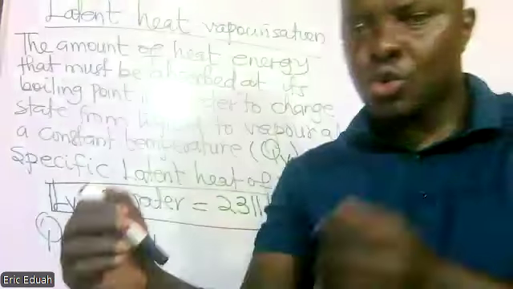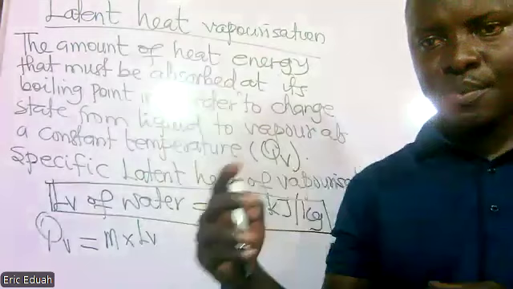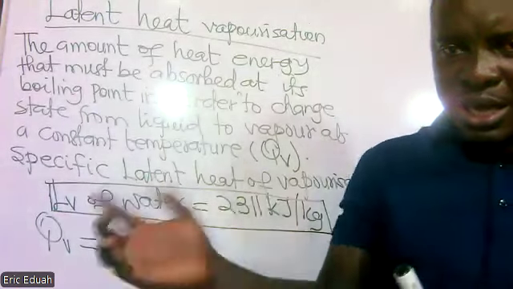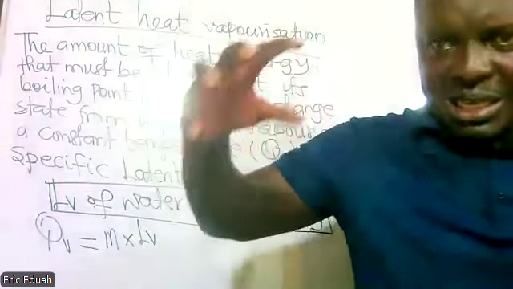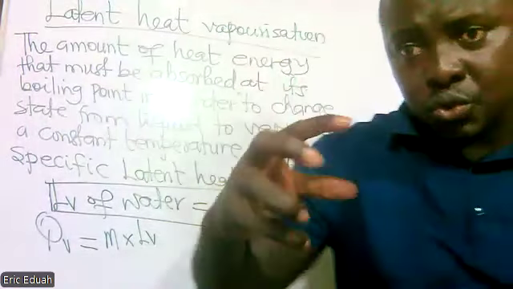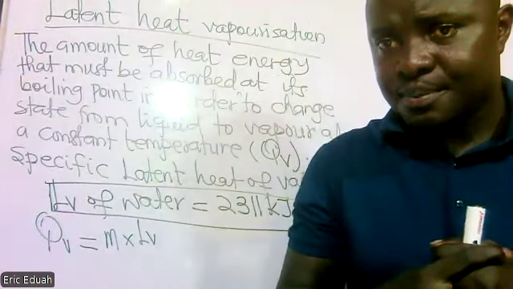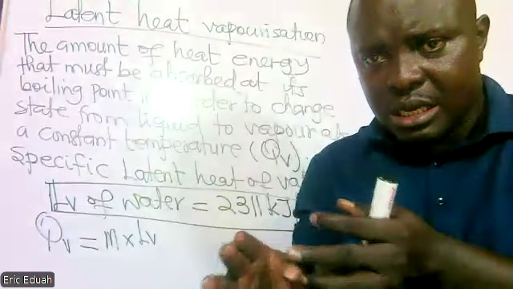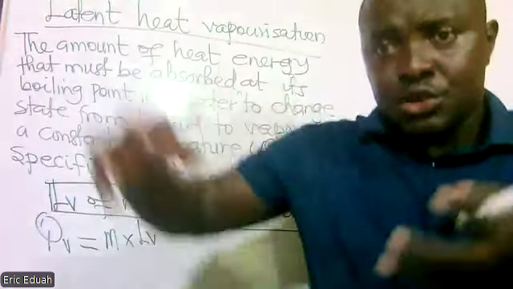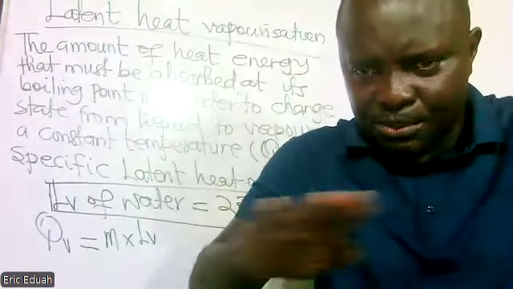If you must cool water vapor, when it gets to 100, you see, when water turns to vapor, its temperature can increase after everything has changed state. Don't forget I said change of state occurs at a constant temperature.